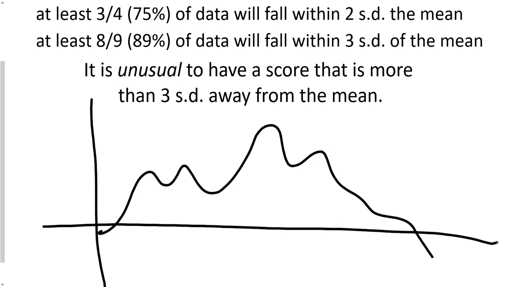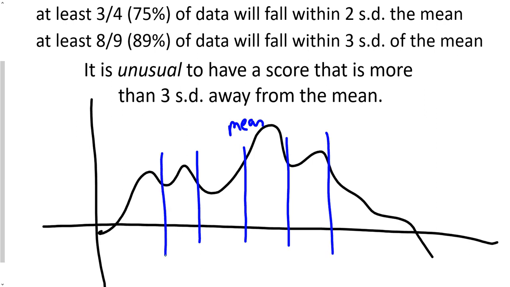Basically, what that is saying is, let's put your mean right here. And then 75% of the data is going to be within 2 standard deviations. So I'm going to draw a couple more lines. Let's say this is 1 standard deviation away. This is 2 standard deviations away.